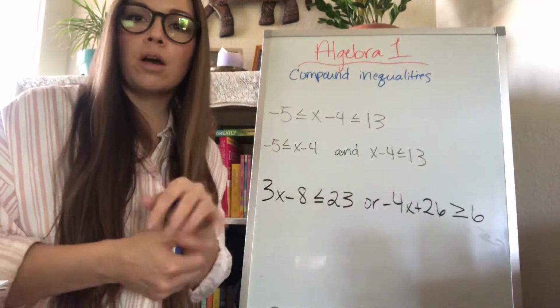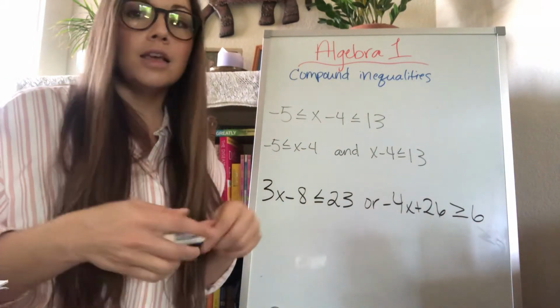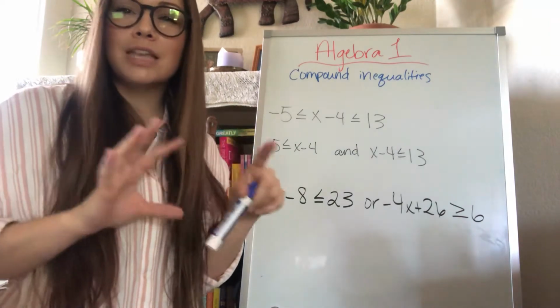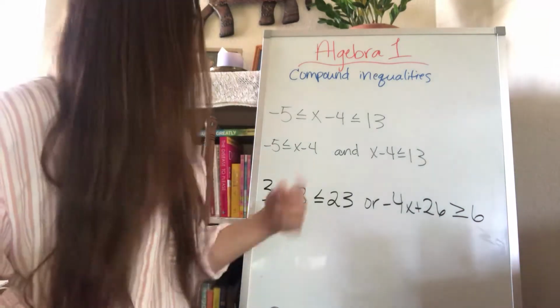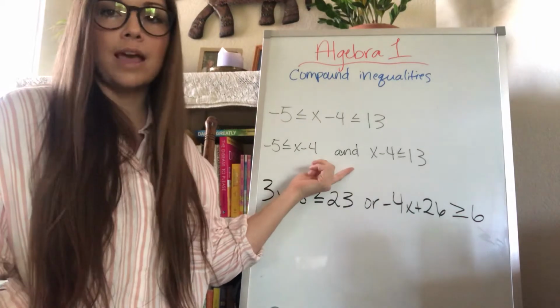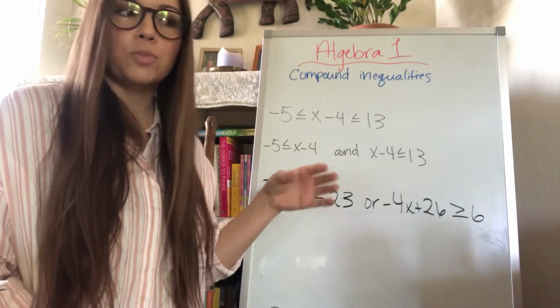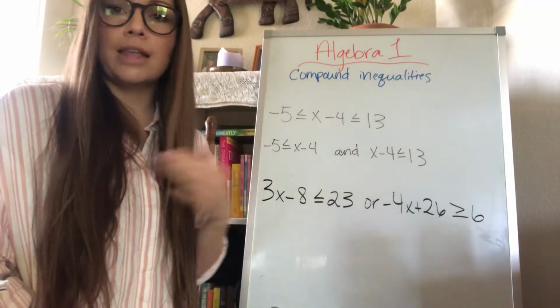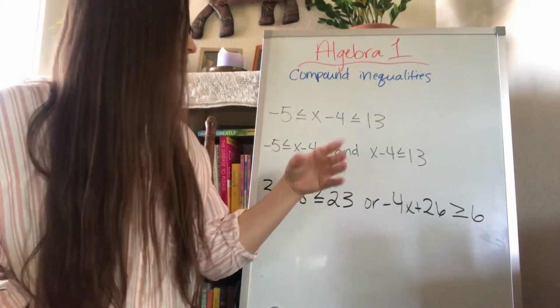So today we're talking about compound inequalities, and that means that they have a different set of possibilities for their answers. If it's an and, then the number has to be greater than a certain number and less than a certain number and fit somewhere in the middle.